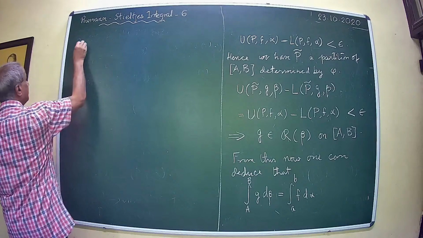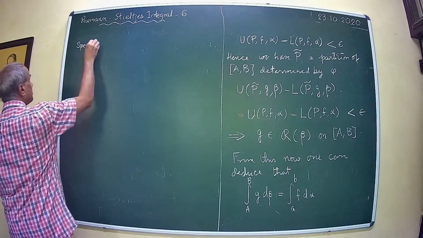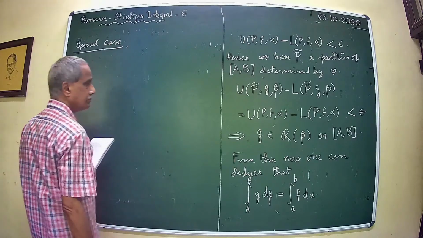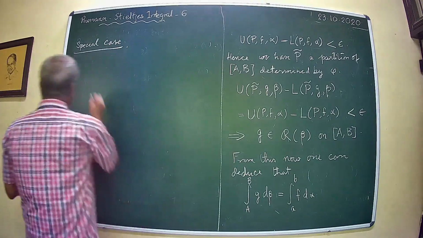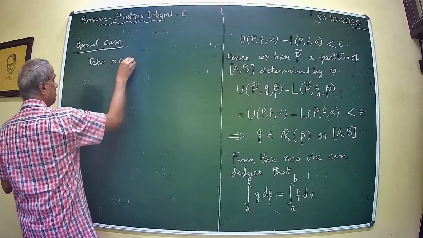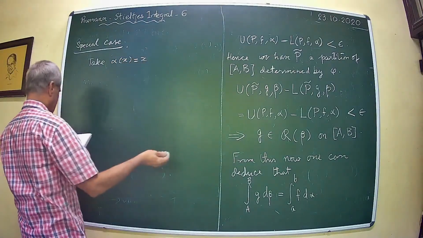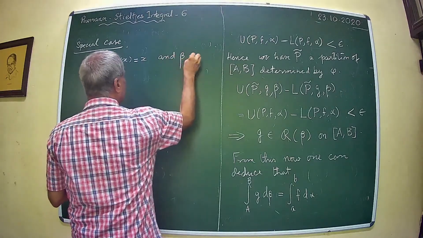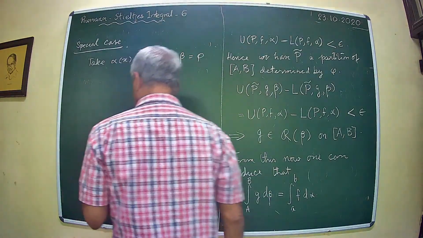Take alpha of x equal to x and beta equal to phi.